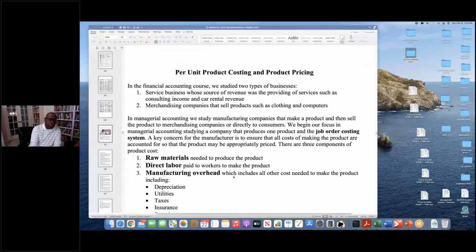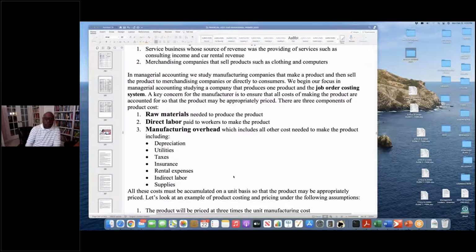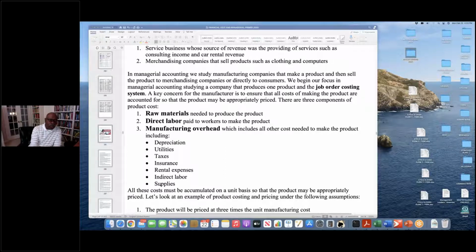But then I have some other costs. I have the depreciation on my computer and on my desk and everything. I have my utility expenses, these lights. I have taxes and insurance and rental expenses, and supplies. So glue would be the supply. That's a part of the book, but it's not a major part of it.